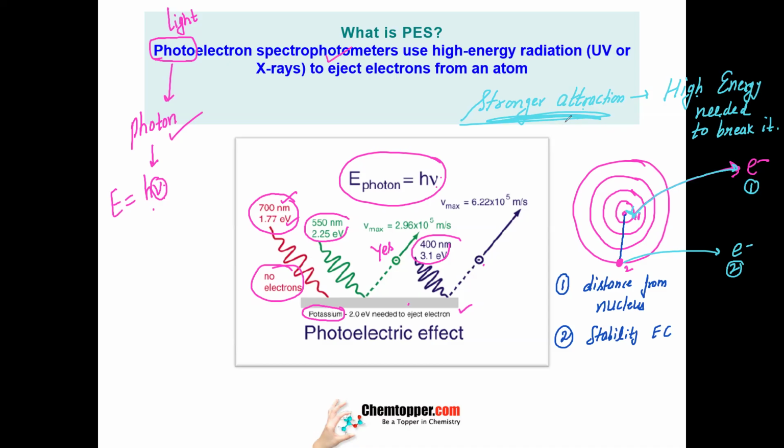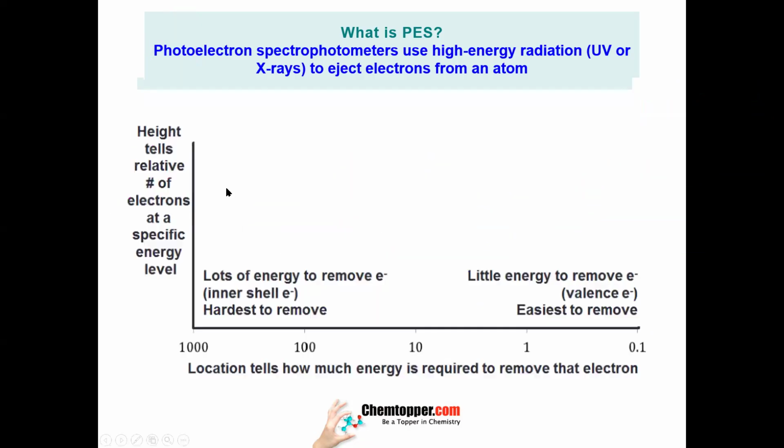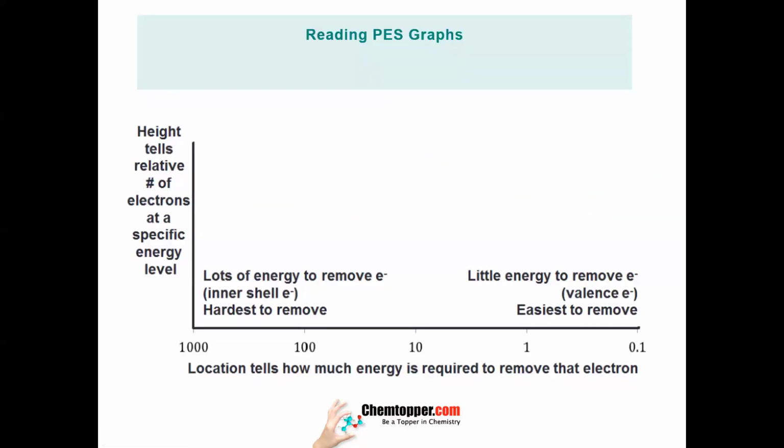Based on this, when you introduce an element in the photoelectron spectrometer, then we get a graph, and we should know how to read the graph. In the graph, here is the energy. This is high, this is low.